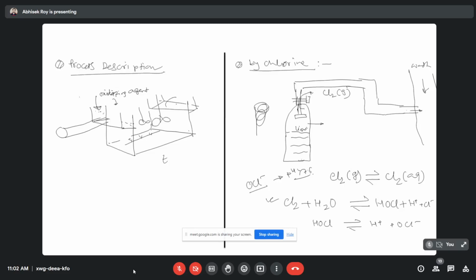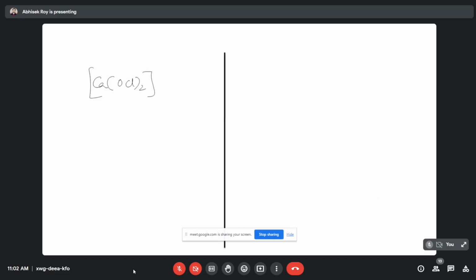Now we'll go through an example of how chlorine will treat a hazardous compound. So let us go through the example of cyanide, the destruction of cyanide by chlorine.